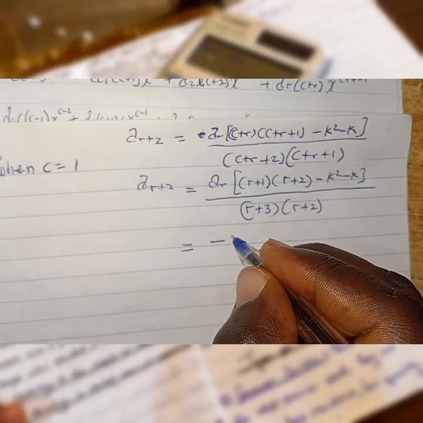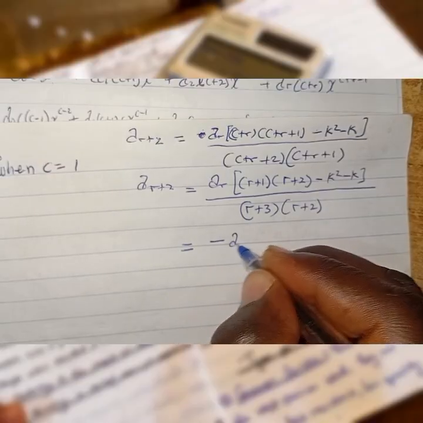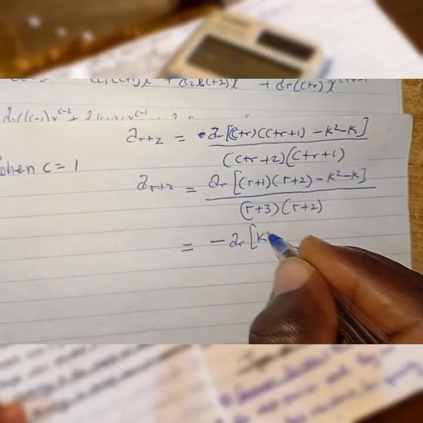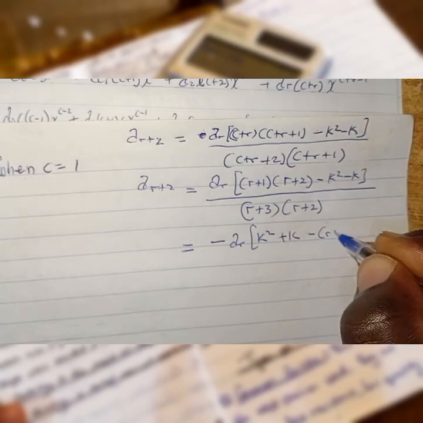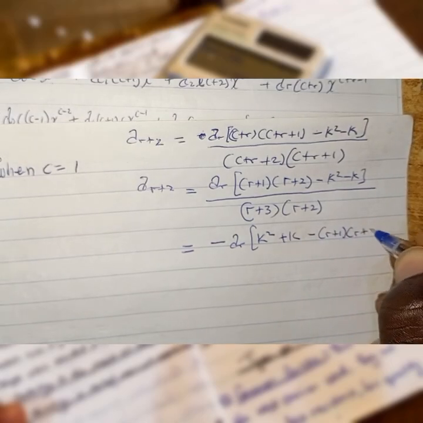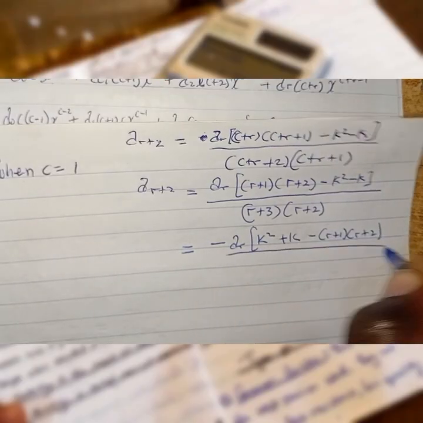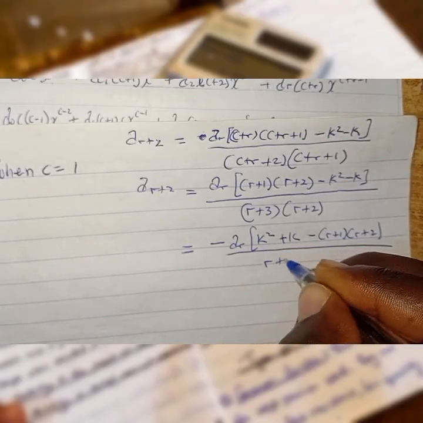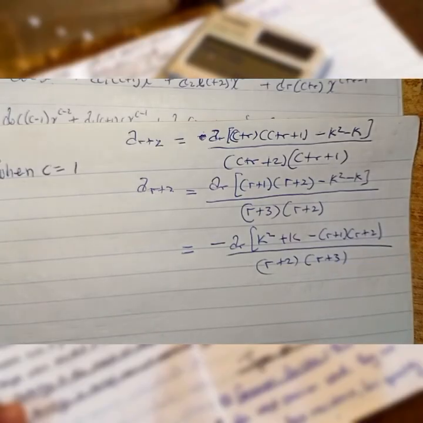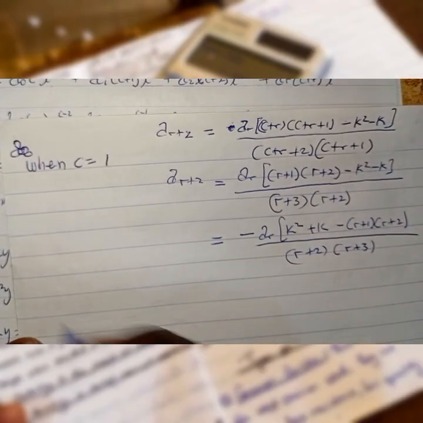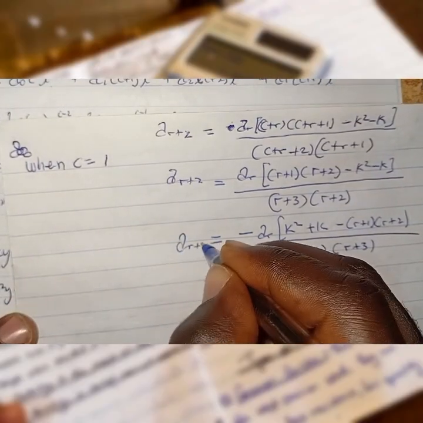If I take out the minus, we're going to have minus A(R)(K squared plus K minus (R+1)(R+2)) all over (R+2). Let's rearrange the denominator, R plus 3.